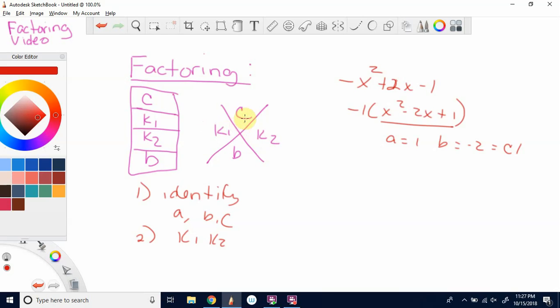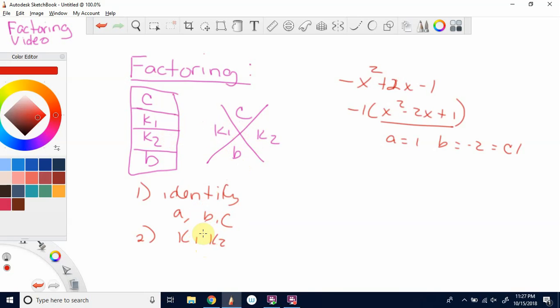We find two factors of C whose product equals C and whose sum is B. So it's exactly what we did on this first page. First we identify A, B, and C, then we find K1 and K2.